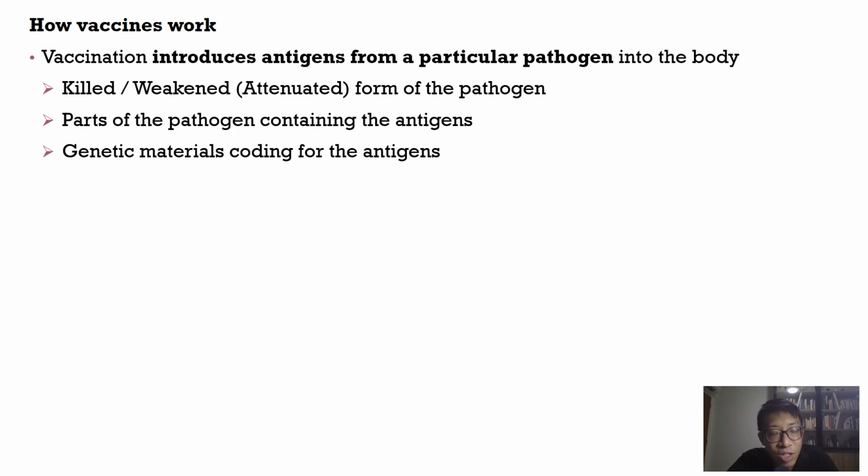Then we can have vaccines which contain only parts of the pathogen, right? But these parts, of course, should contain the antigens. Okay, so if you take a virus, for example, the antigens usually would be the viral glycoproteins if it is an enveloped virus.